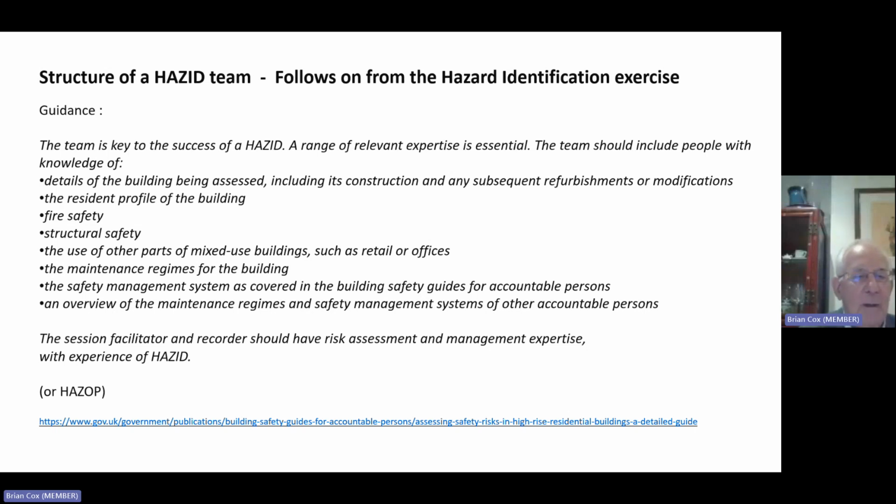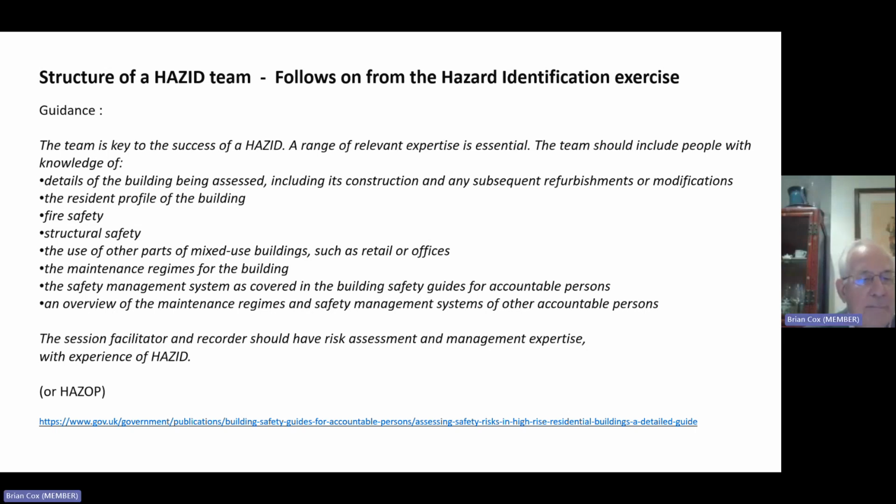They also know the maintenance regimes for the building, the safety management system and the building safety situation covered by the accountable person, and have an overview of the maintenance regimes and safety management system being used by other accountable persons in the same building or the same block of buildings.